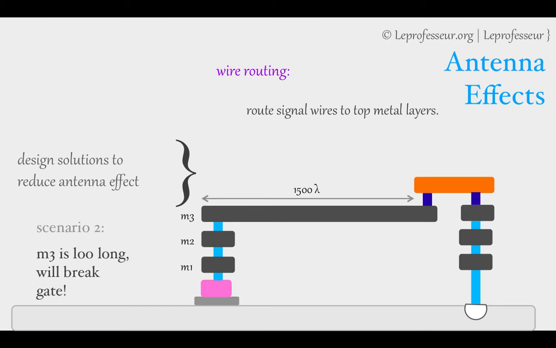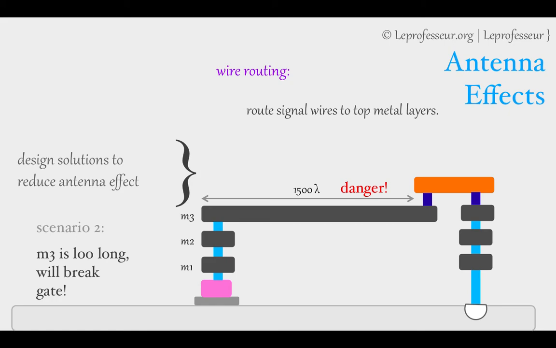So what's going to happen here? The total area of the metal or the conductor which is going to contribute to antenna effect will be more, and your antenna ratio will be higher than the breakdown limit. And this is dangerous. It's a danger.